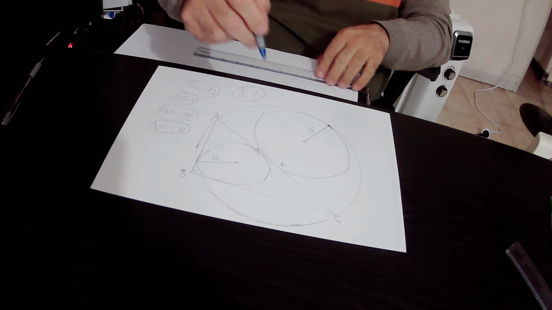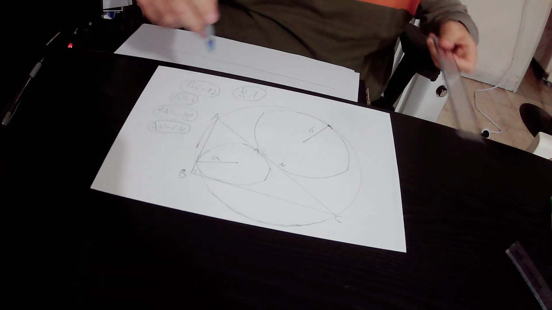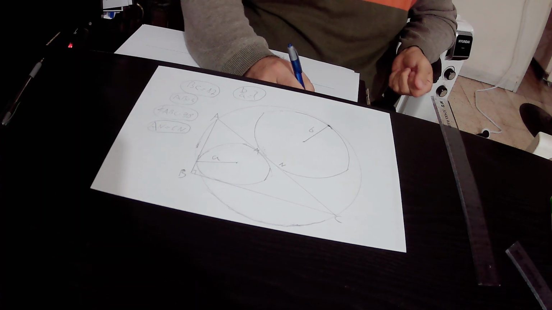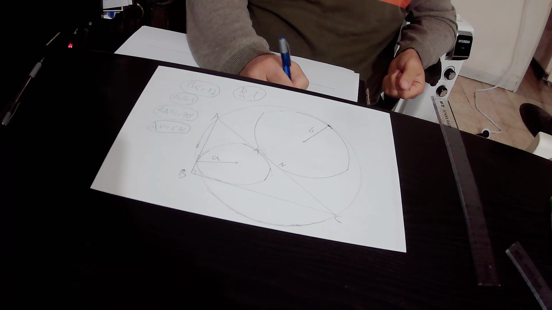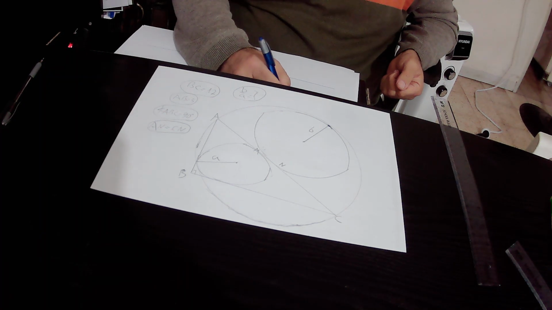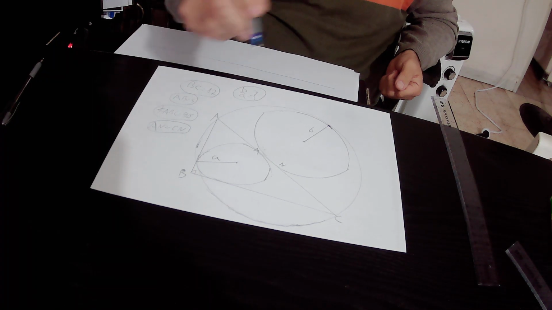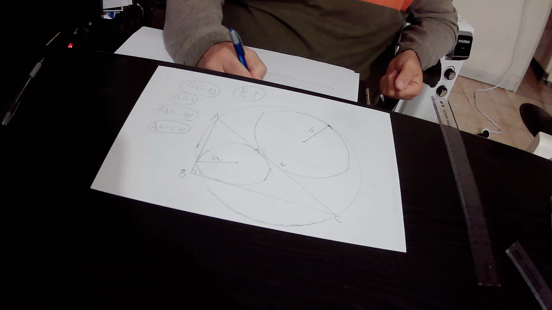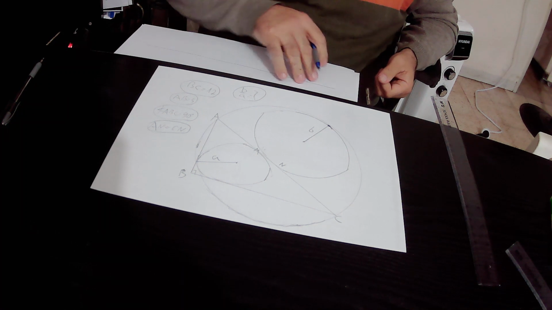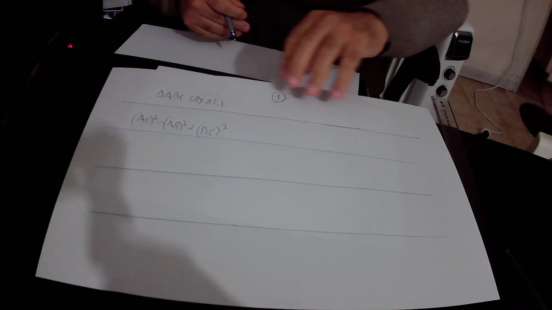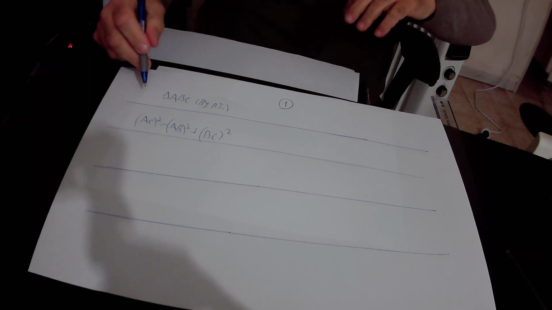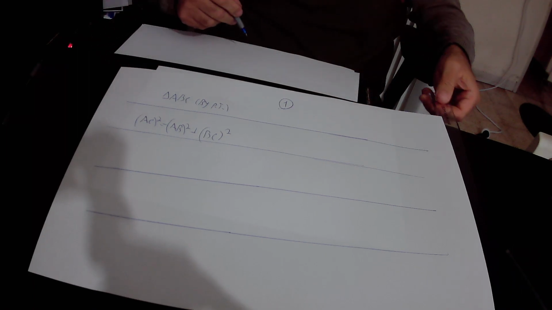The hypotenuse in the right triangle ABC is AC, therefore the square of the hypotenuse is AC squared, and it must equal AB squared plus BC squared. I'll repeat again. According to the Pythagoras theorem in the right triangle ABC, AC squared equals AB squared plus BC squared.